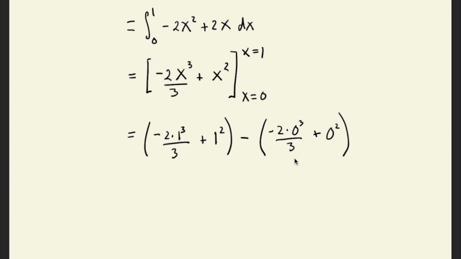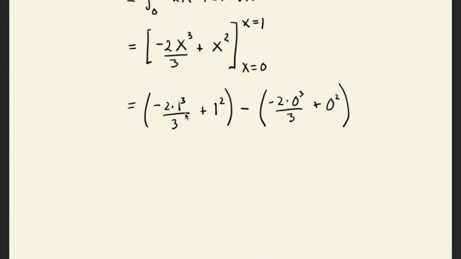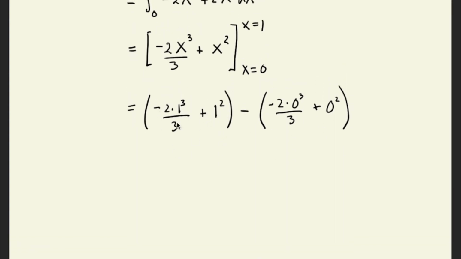Now this is 0, like 0 plus 2 times 0 is 0. This is just 0, it goes away. And here you get 1 minus 2/3, that's 1/3, right? So the area is 1/3. 1/3 units of area, right?